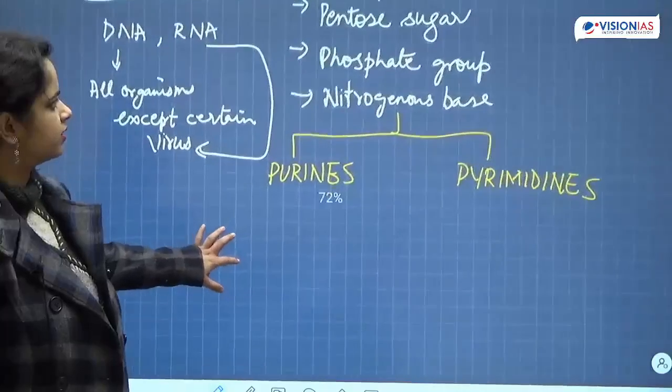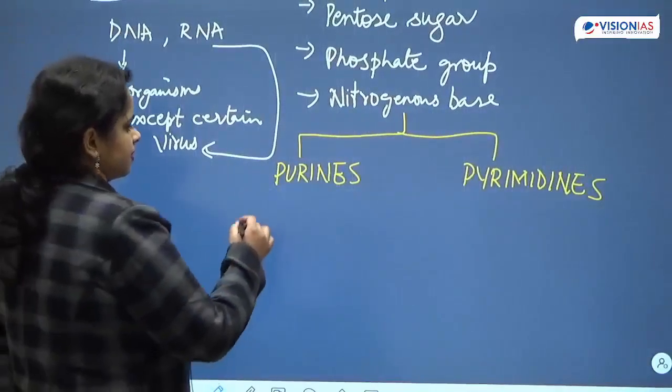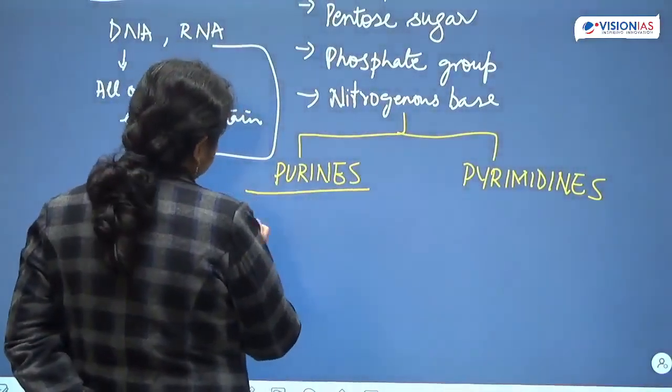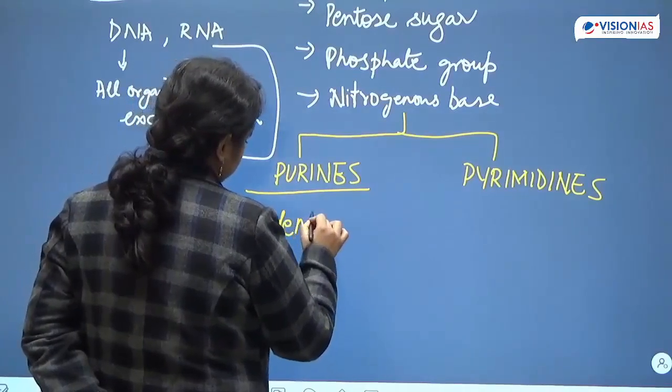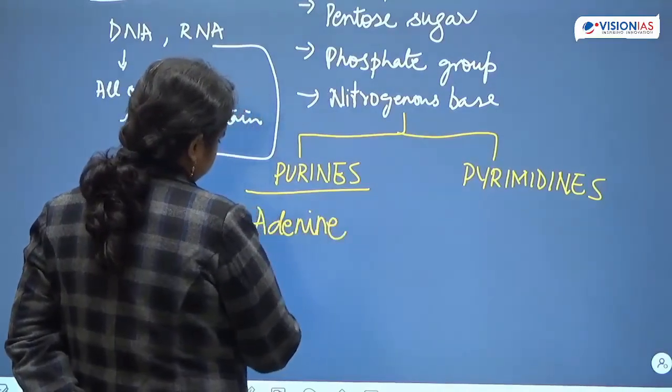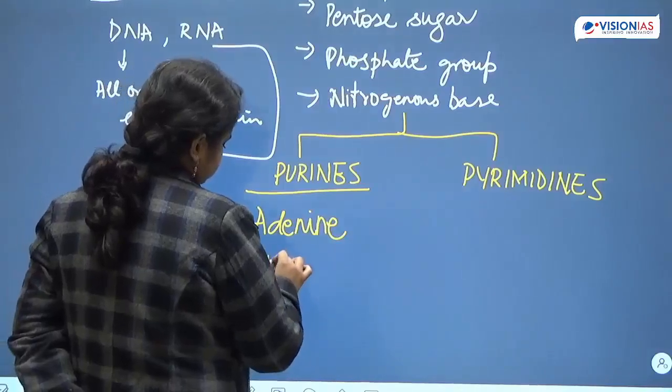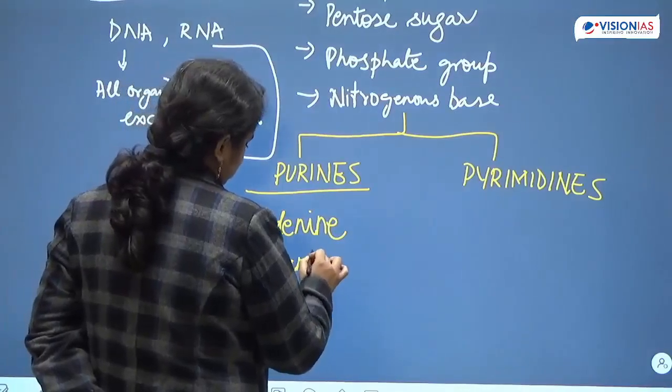I hope you are writing this down. Under purines, we have adenine and guanine.